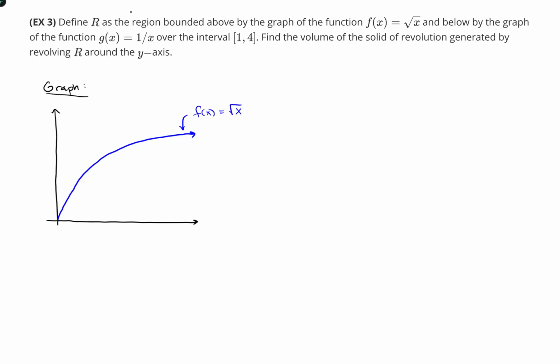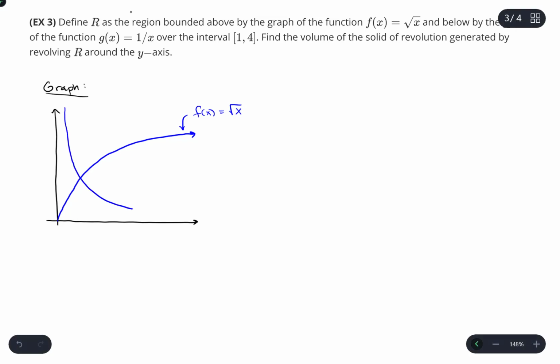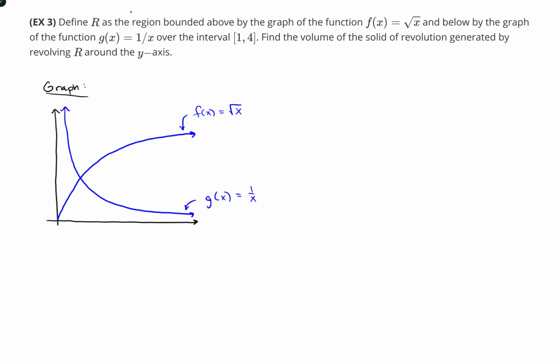And then the graph of g of x equals 1 over x in the first quadrant looks something to this effect. So there's my g of x, which is 1 over x. And we're on the interval from 1 to 4.